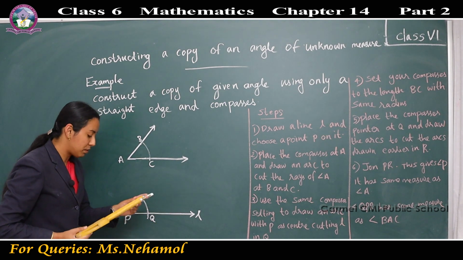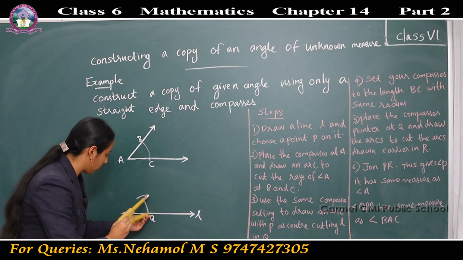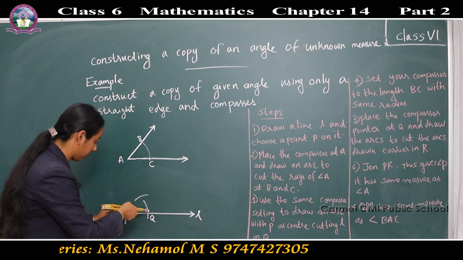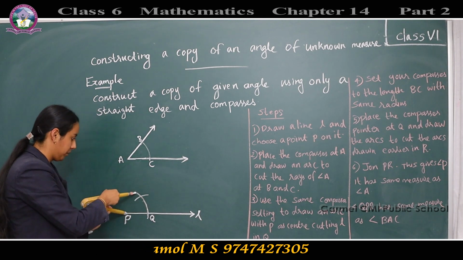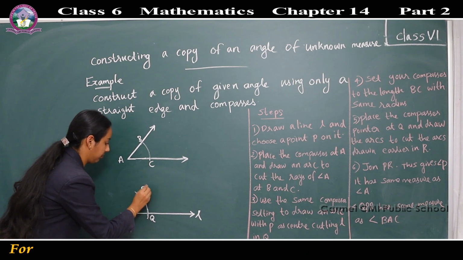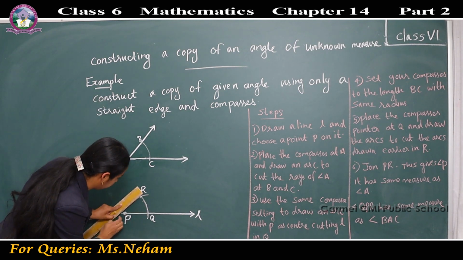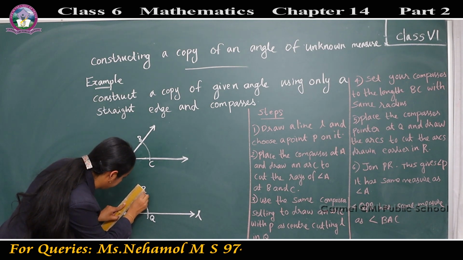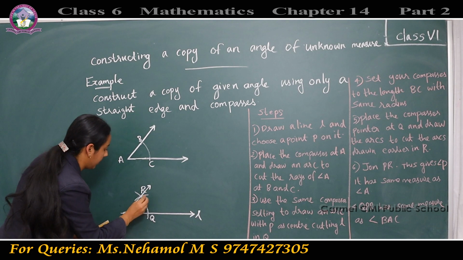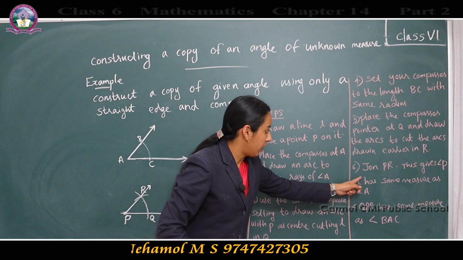That means place the pointer at Q and draw an arc. You have to extend this arc. Now let this point be R. Now join PR.